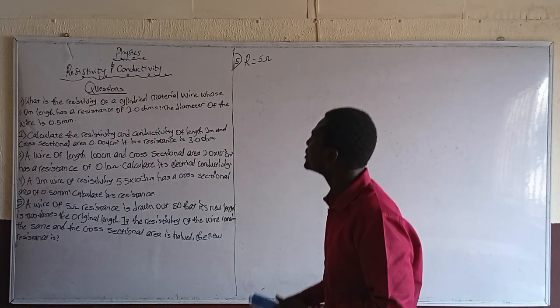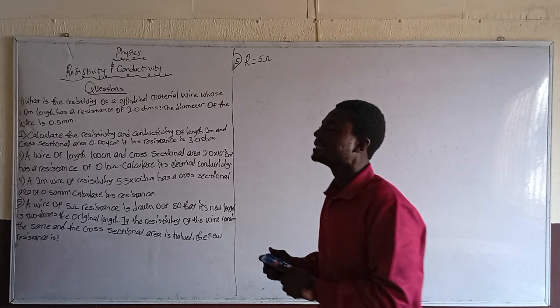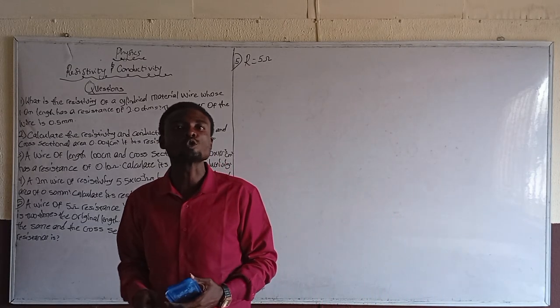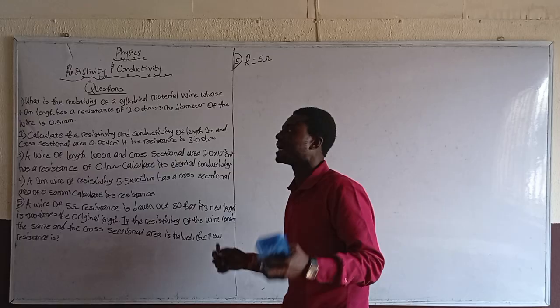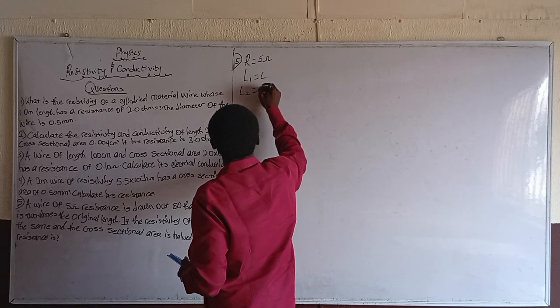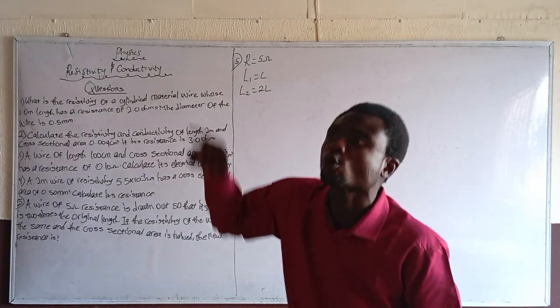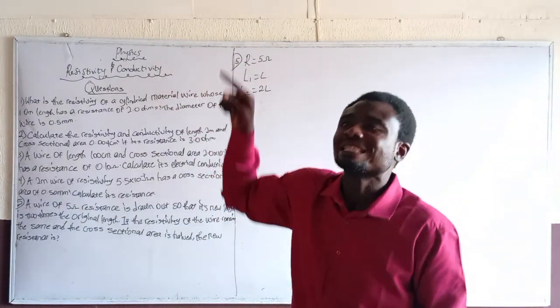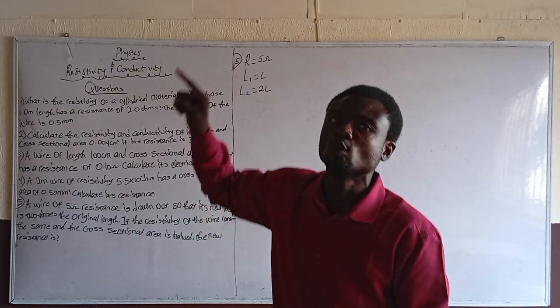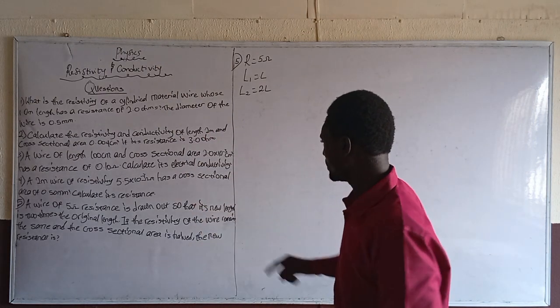They said so that its new length will be 2 times what? Original length. The original length is now the old length. So I'll call the original length L1 to be L and L2 to be 2L, new length. So new length is 2 times original length, which means that the original length was doubled when it was new length.